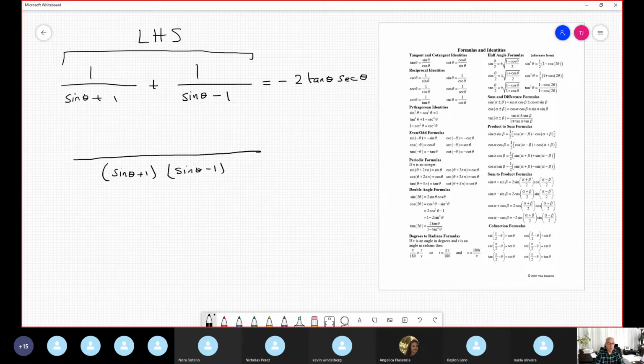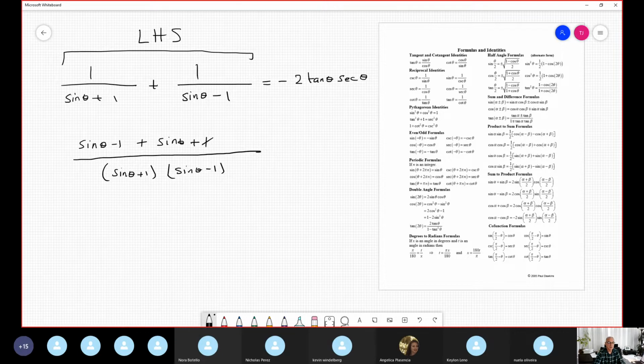You divide the denominator by this one, multiply by the numerator, get 1, and get sine theta minus 1 plus. And this divided by this cancels out, stays sine theta minus 1. Minus 1 or plus 1? Plus 1, plus 1. Let me check it out. This divided by this cancels, yes.